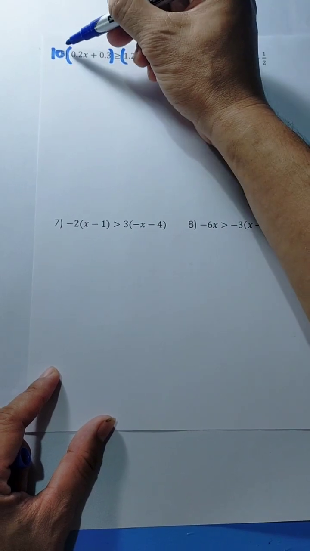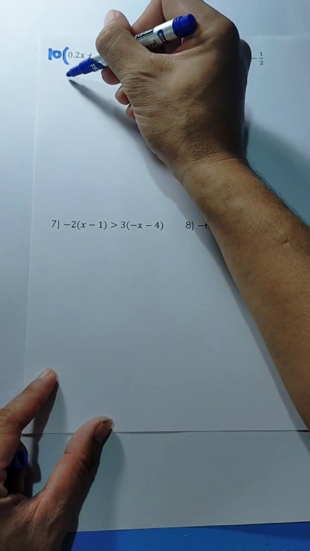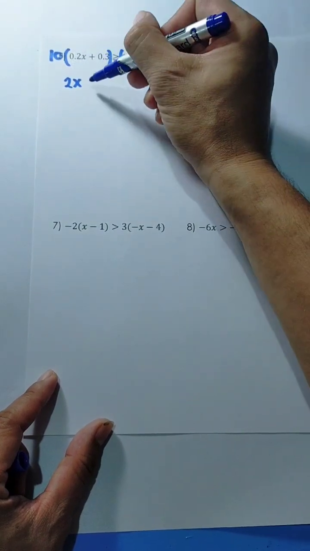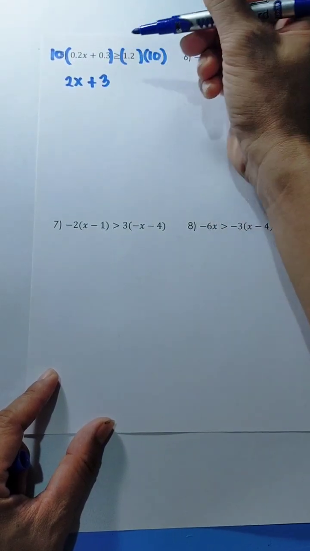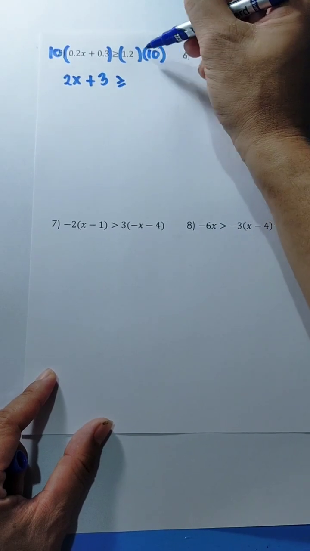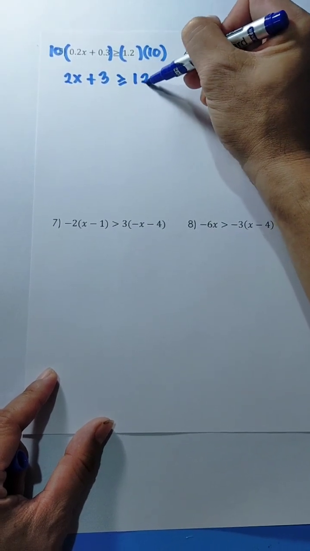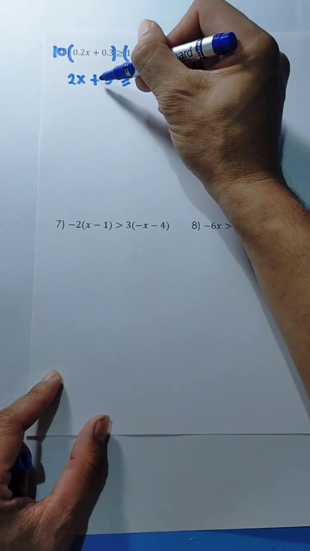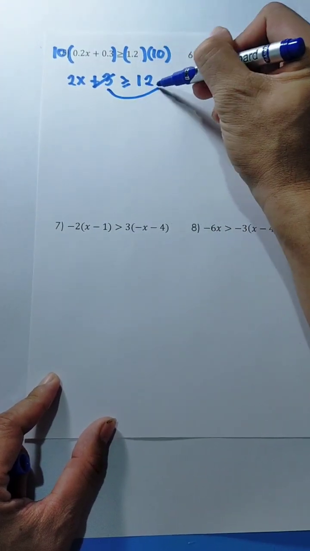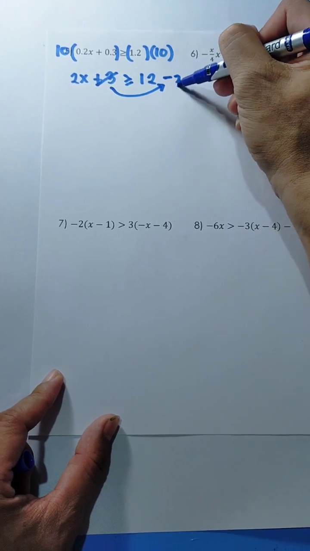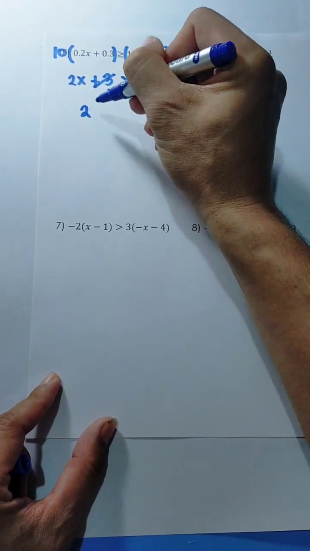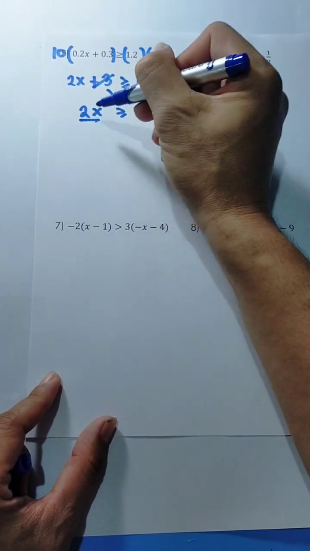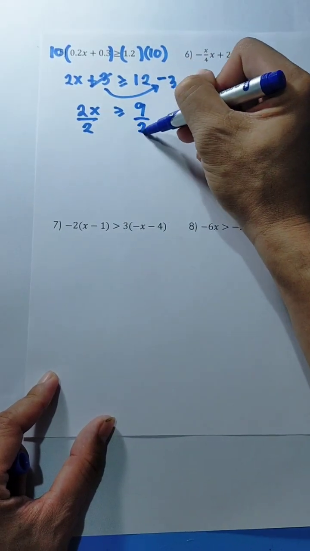So 10 times 0.2 is 2, including the x. 1.2 times 10 is 12. Without the 2, we move this to the right side, becomes negative 3. 9. We divide by 2.